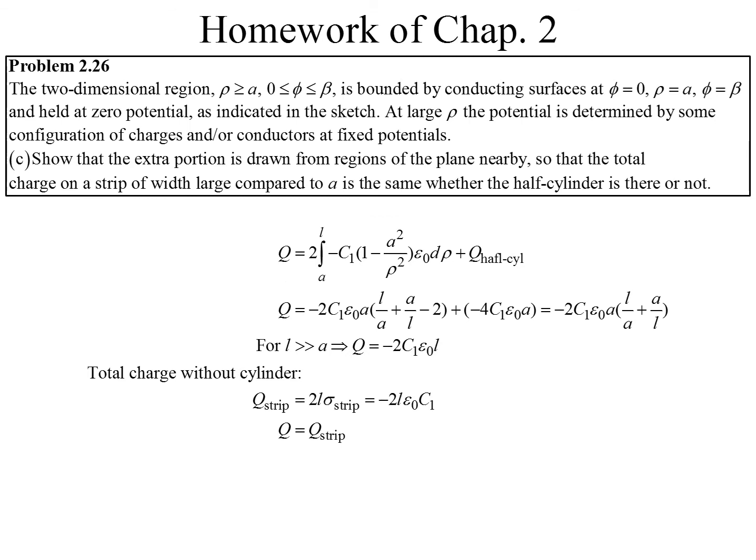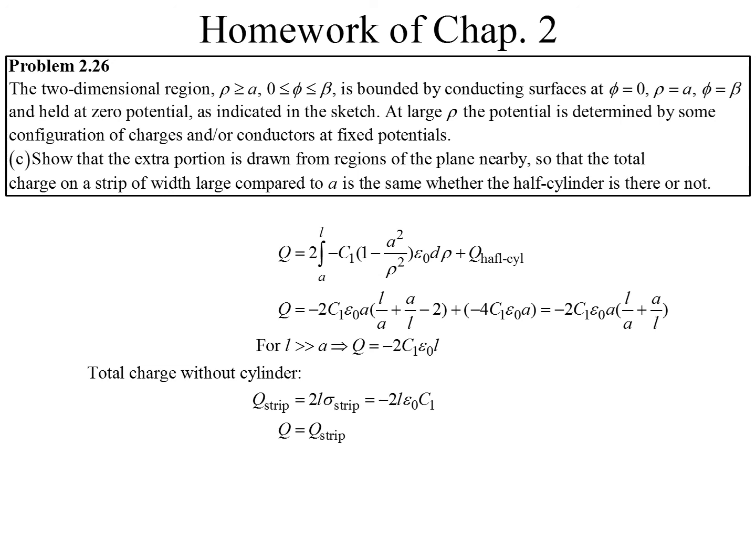And finally, show that the extra portion is drawn from regions of the plane nearby, so that the total charge on a strip of width large compared to a is the same, whether the half cylinder is there or not. So we calculate the whole charge on the two walls and the half cylinder. We just use the charge density we have calculated before and integrate.